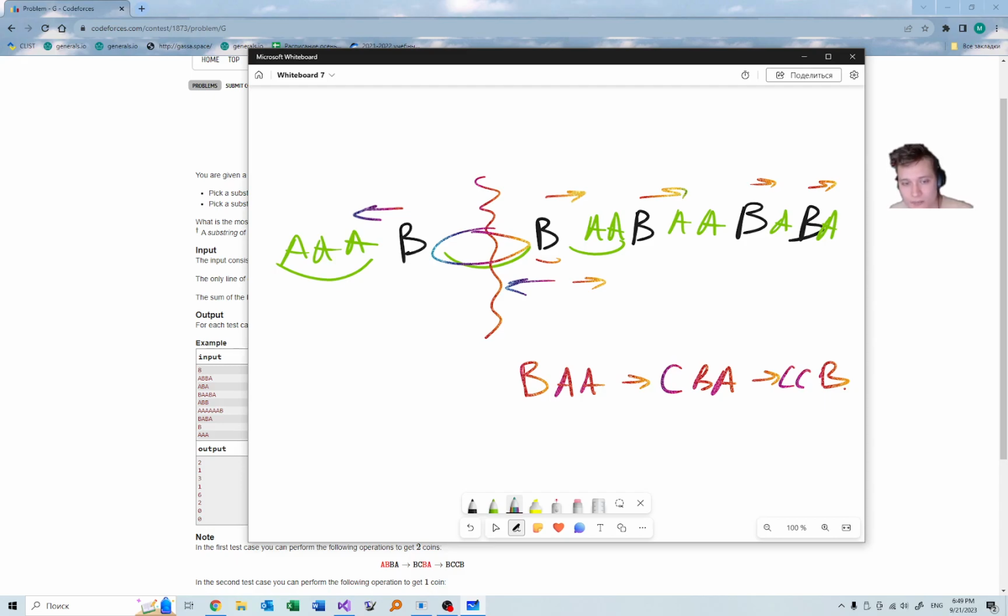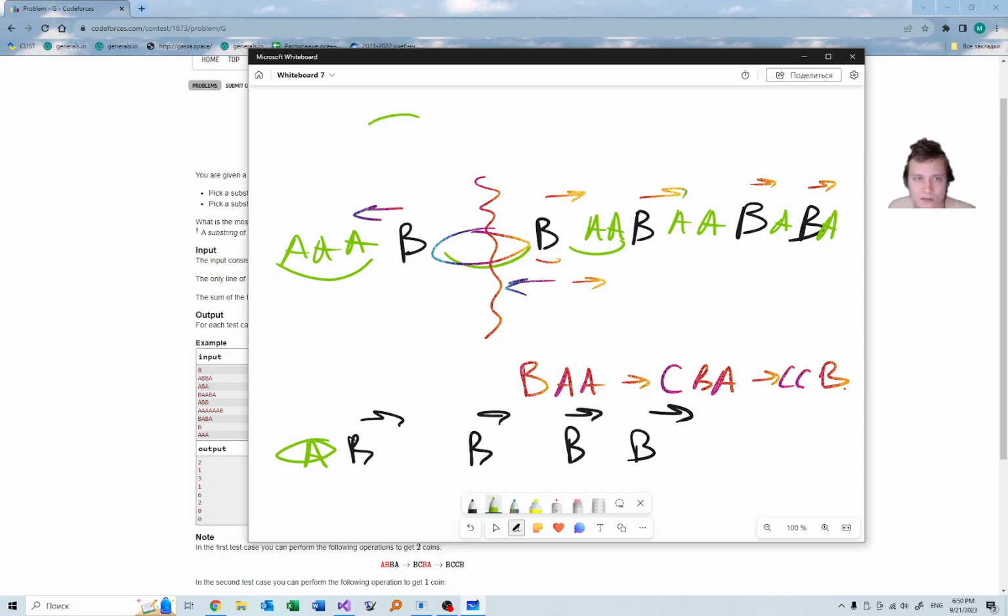And this is any block that you want. For example, if you have the leftmost block and you want to ignore this, then all B's just go to the right. If you have just only A's, then there is only one block of A's and you have to ignore it because you have to ignore only one block and you have only one block.